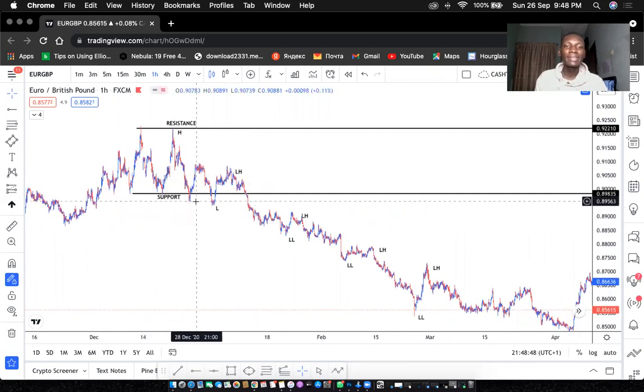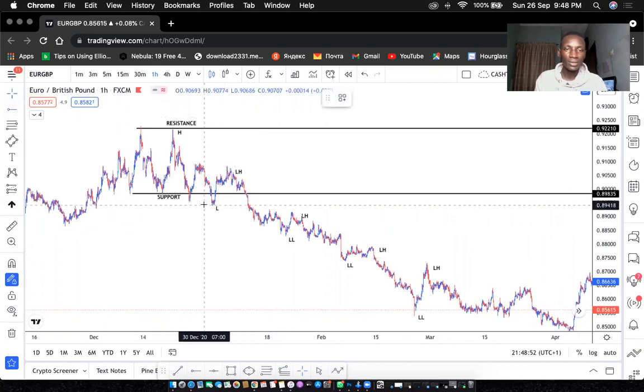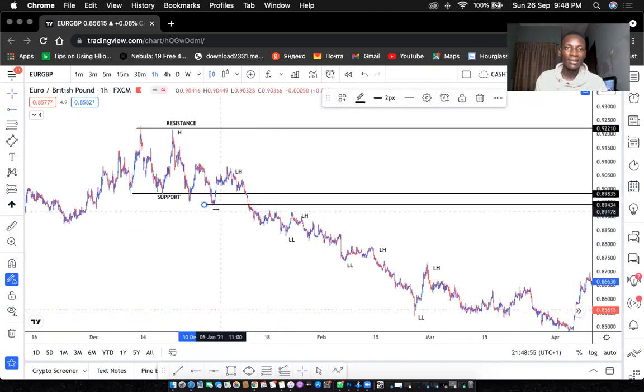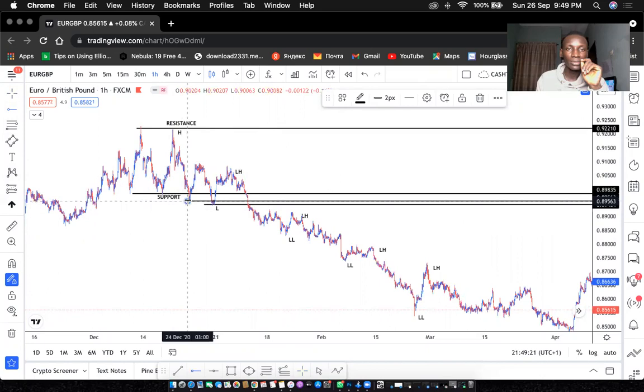Now, when price broke down, it made a new low. So this is now the new low. This used to be the low. It broke, it bounced off it, and it went up. You buy at the support, and you sell at the resistance. Let's take it step by step. This was the second low.